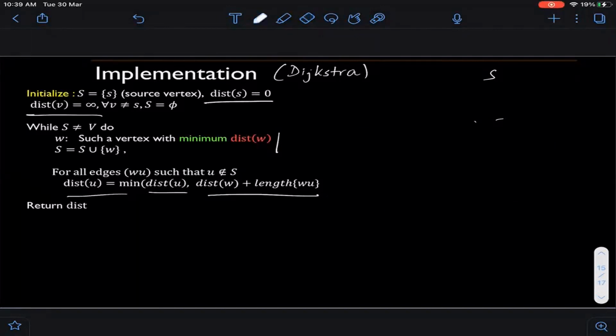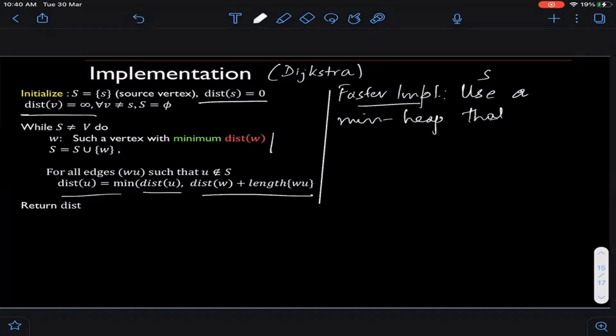The idea is a faster implementation: use a min heap that contains vertices, right? So that should be the idea.